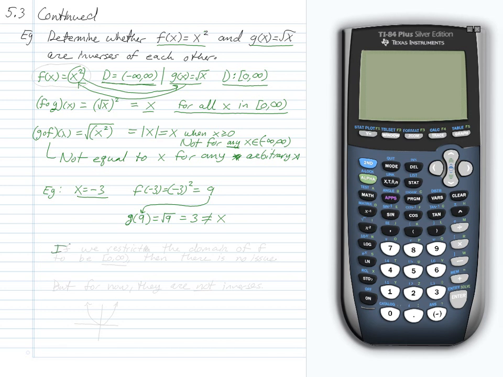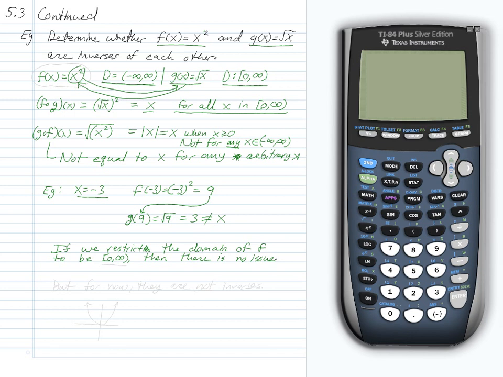But if we restrict the domain of f to be 0 to infinity, in other words, if we chop off part of the function's domain, then there is no issue. Right?